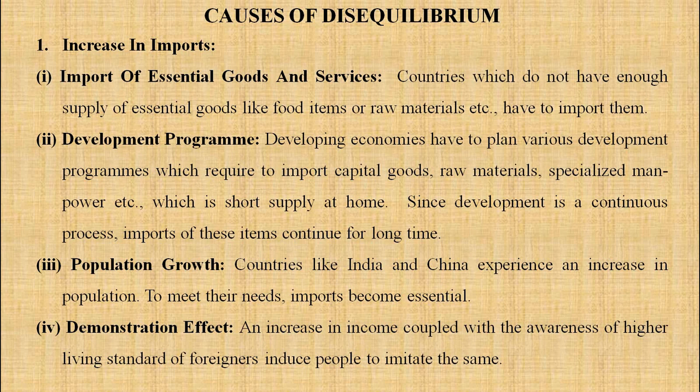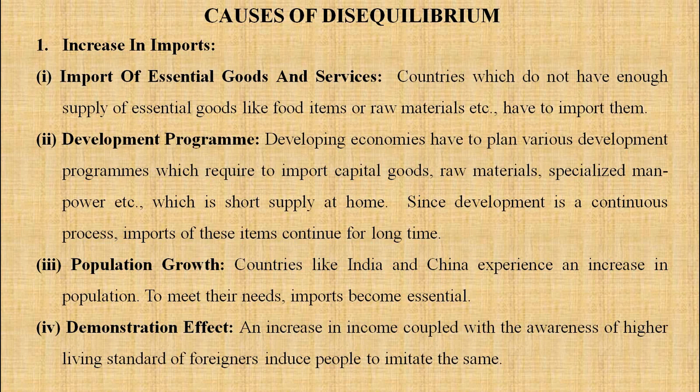Let us start the causes of disequilibrium. Number 1, increase in import. Now under increase in import, we are discussing various points. Number 1, import of essential goods and services. Countries which do not have enough supply of essential goods like food items or raw materials, etc., have to import them.